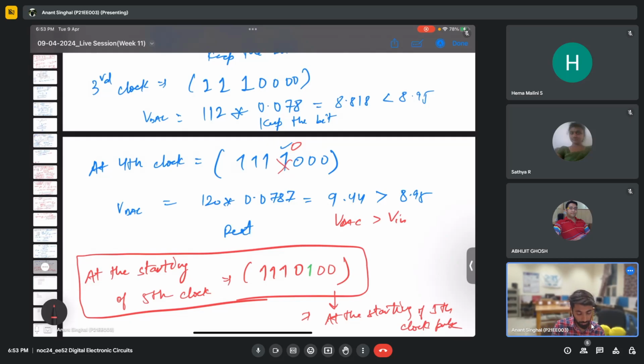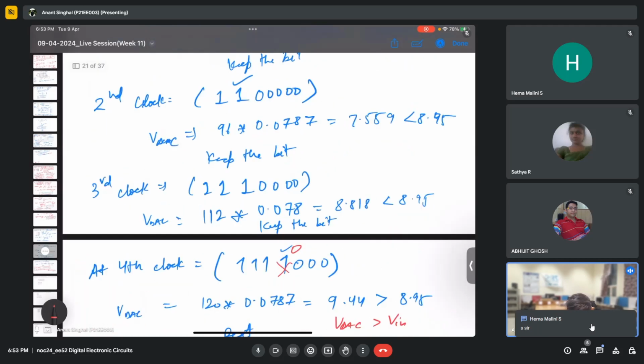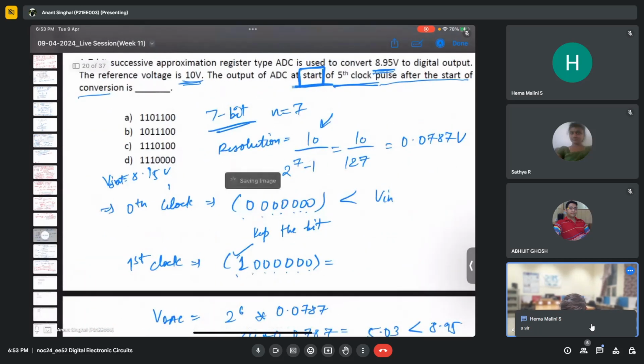Is it clear? Okay, so the correct option will be 11101000. So option C is the correct answer.